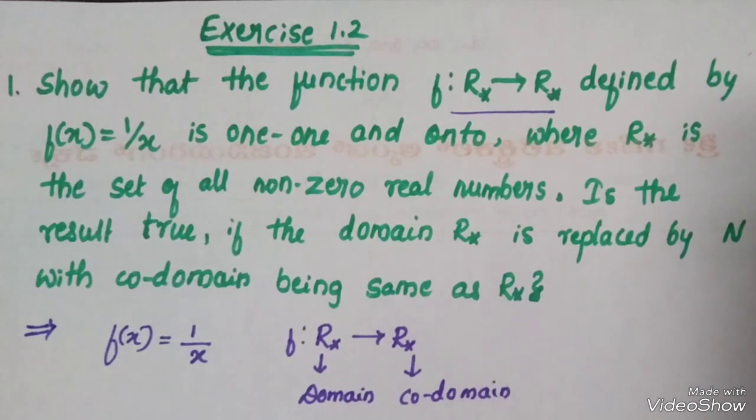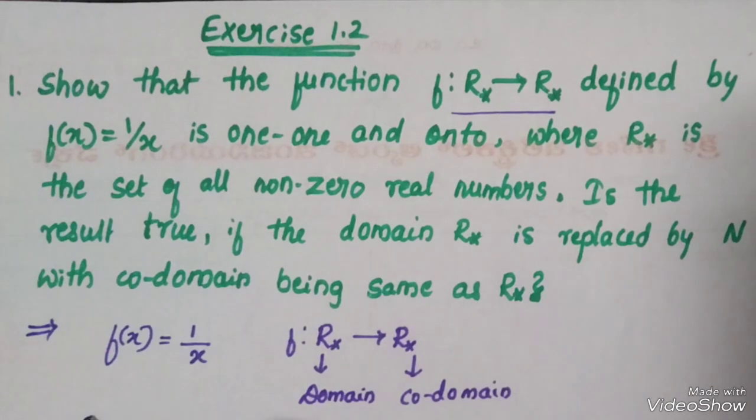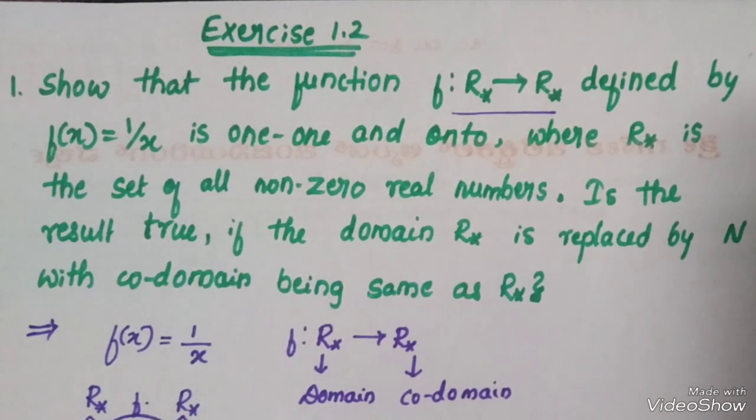First set the domain and the codomain. The domain contains R star, the codomain contains R star. Here is a function f. Clear? Now f of x equals 1 by x.